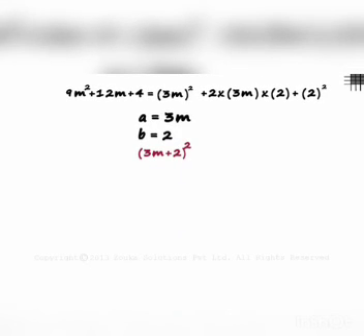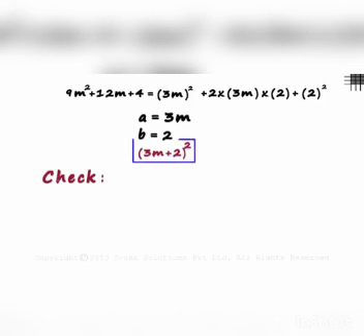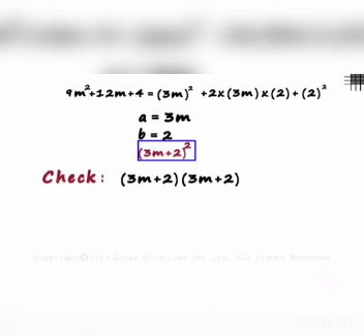Now that we are done with the factorization, we should check our answer. We solve the factorized expression and see if we get the original expression. 3m plus 2 the whole squared can be written as 3m plus 2 multiplied by 3m plus 2. And we use the distributive property to expand the brackets.